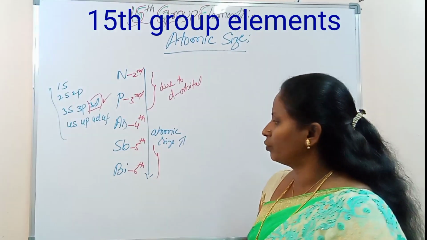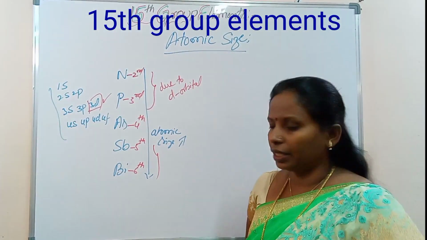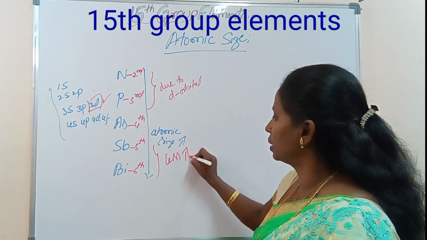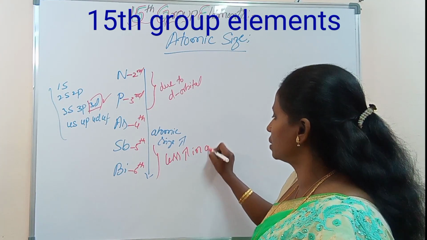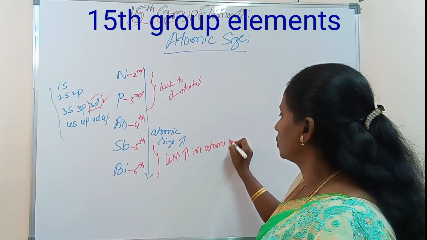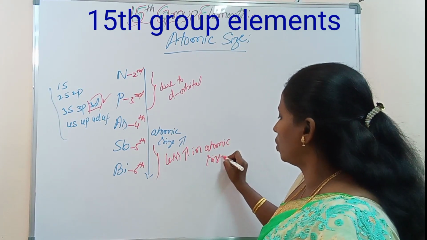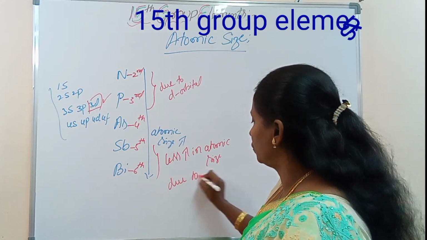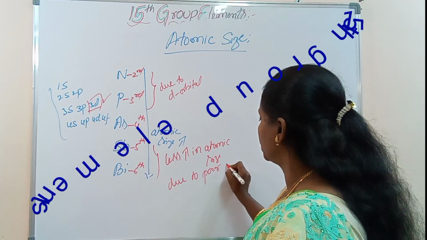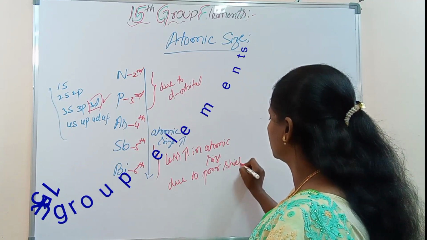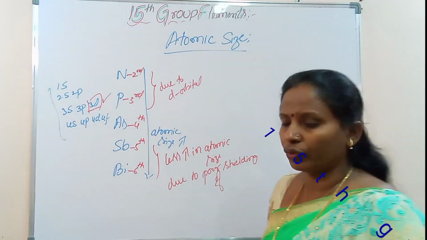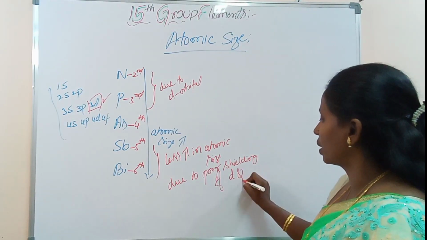In the case of antimony and bismuth, there is less increase in atomic size due to poor shielding of d and f orbitals.